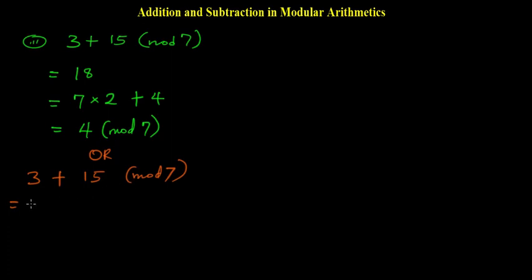It gives us back 3, 3 mod 7, plus 15 in mod 7 will give us 1, 1 mod 7. And if we then add 1 and 3 together, it gives us 4. So 4 modulo 7.